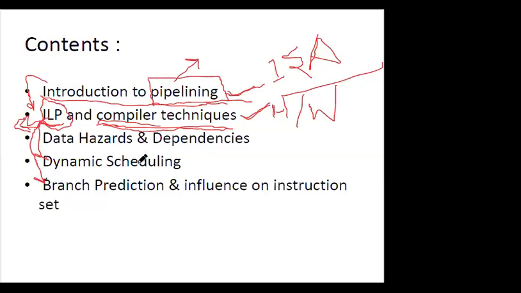And when we implement pipelining, every pipeline is not an ideal pipeline. If it's not an ideal pipeline, then we have some constraints or restrictions on executing on that pipeline.